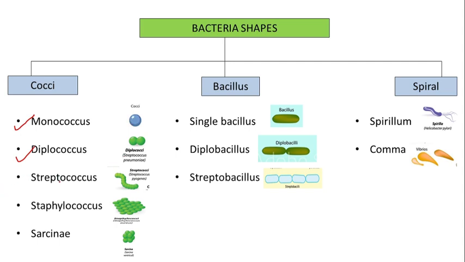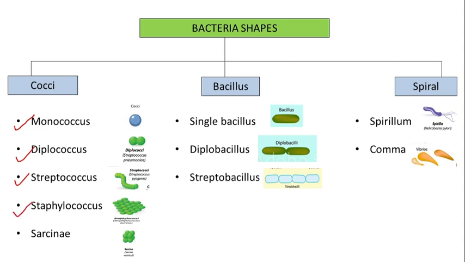Third is streptococcus. Streptococcus bacteria are those which are present in chain. So this is a long chain made up of multiple bacteria like Streptococcus pyogenes. So when bacteria are present in chain, then we call them Streptococcus. Next is Staphylococcus.